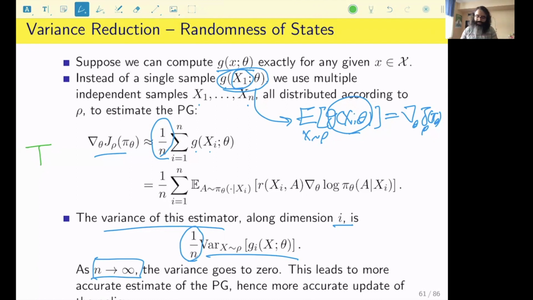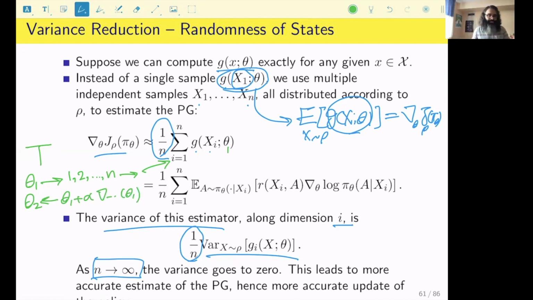The procedure would be like this. I start from theta 1, use samples 1 to n to estimate the policy gradient with policy 1, and then do an update with some alpha times that gradient at theta 1. That's my pi 2.